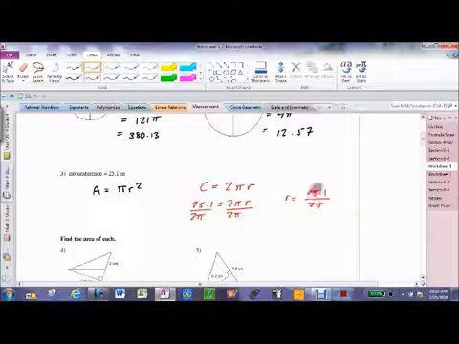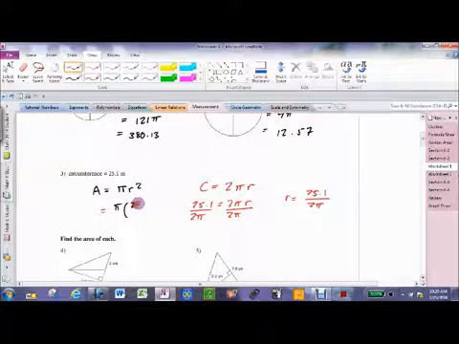So what do I do with this number? I square it. And then I multiply it by pi. So it's pi times 25.1 divided by 2 pi squared, right?